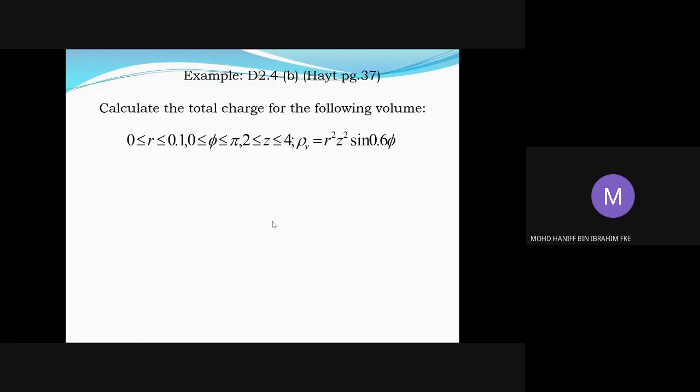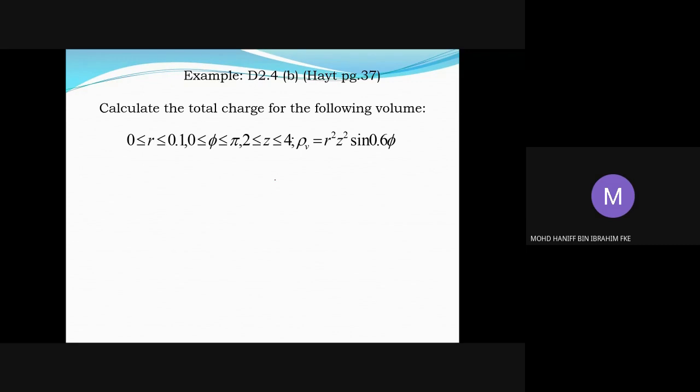Okay, let's have a look at the first example. This example is to calculate the total charge for the given charge distribution and given volume.